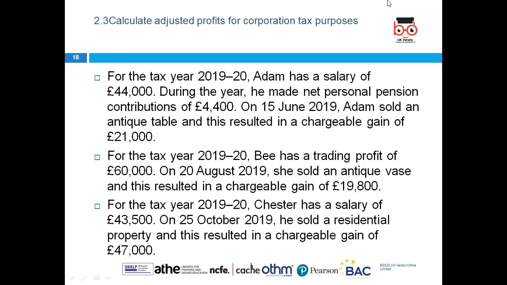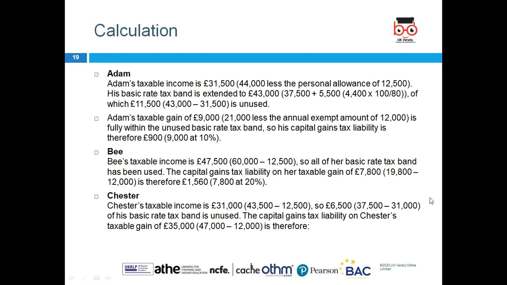Adam sold the antique stable and it resulted in a chargeable gain. For the tax year 2019 and 20, B has a salary, so we have three different persons. And Chester has a salary and sold the residential property and resulted in a capital gain there. So we can calculate the tax liabilities of each individual.